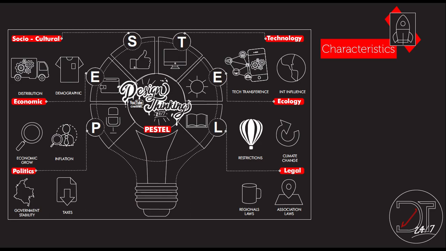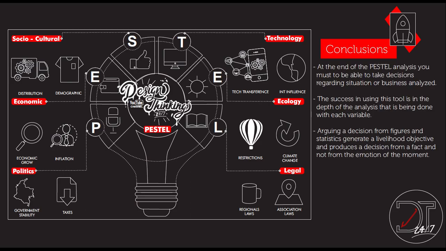Also, the association laws. Depending on the development that you are doing, there are different kinds of associations, and they could ask you for a special permit. You need to know that. So the legal part is always very important in any kind of development that you are doing.